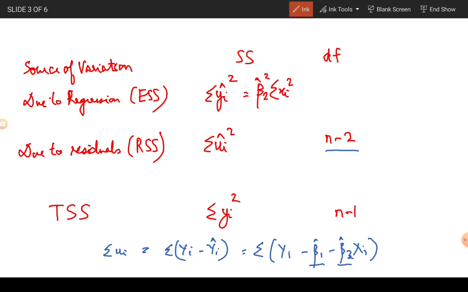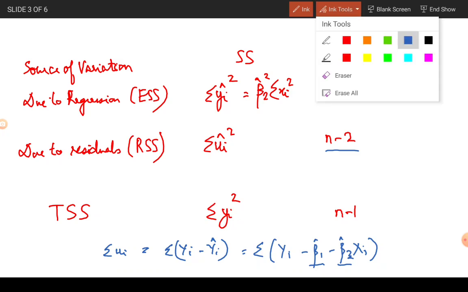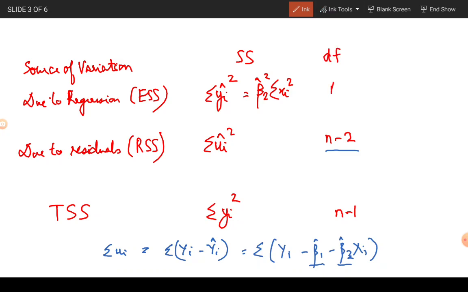So this will automatically mean that the explained sum of squares has 1 degree of freedom. Now remember, these values correspond to a two variable regression model.